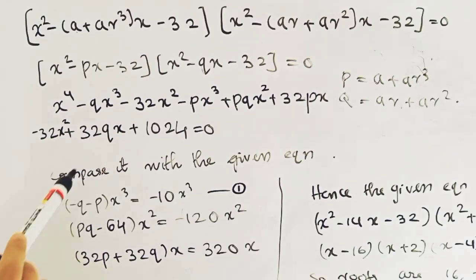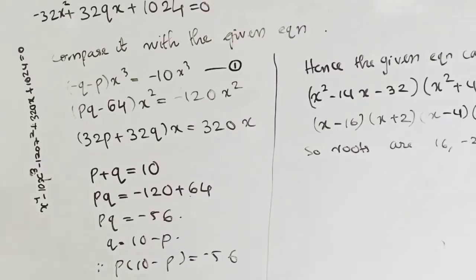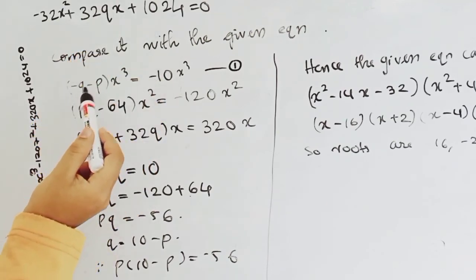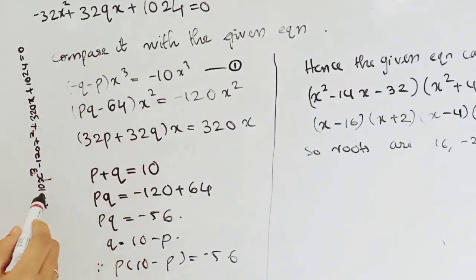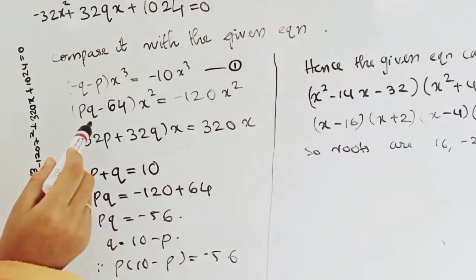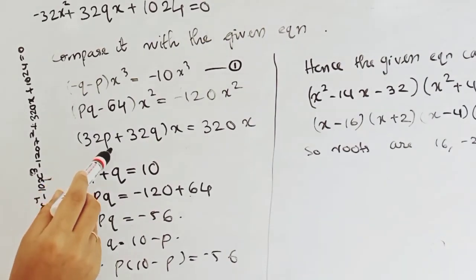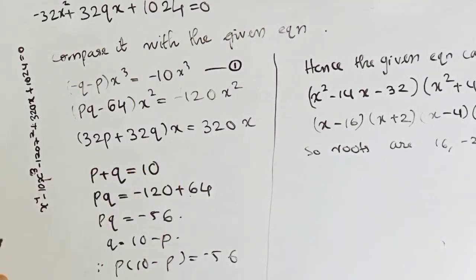Now we can compare it with the given equation, that is x raised to 4 minus 10x cube minus 120x square plus 320x plus 1024. While comparing, minus (q plus p) x cube is compared with minus 10x cube, pq minus 64 x square with minus 120x square, and 32p plus 32q of x with 320x.